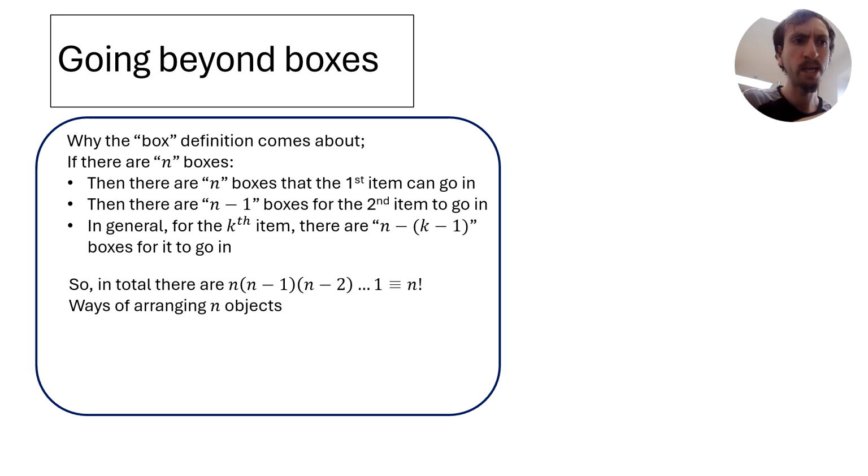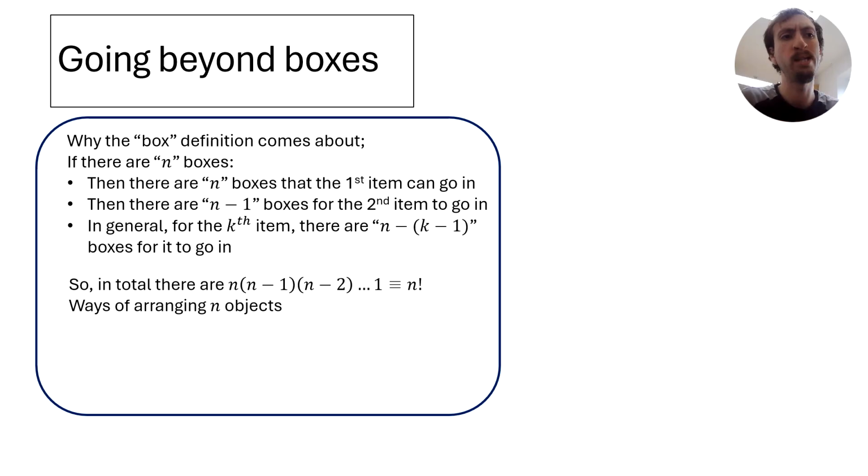And then if we look at where we can put the second image, well, there are now n minus 1 slots it can go in, because we've already placed the first image in one of our n slots. So there are n minus 1 slots remaining. And we can keep doing this. And then we end up concluding that there are n factorial ways to arrange those n distinct objects.